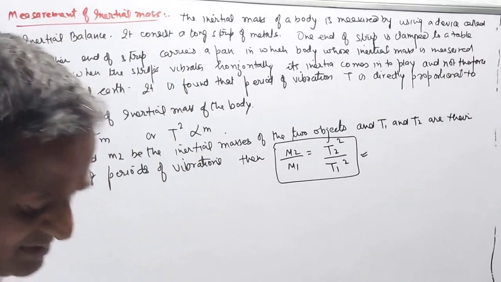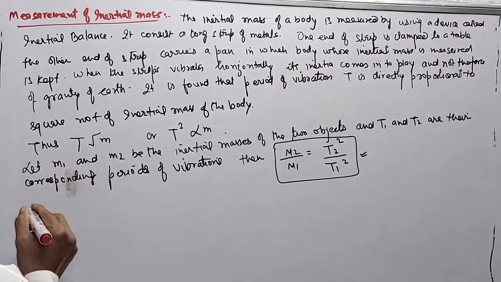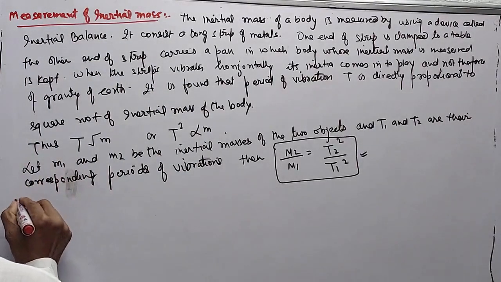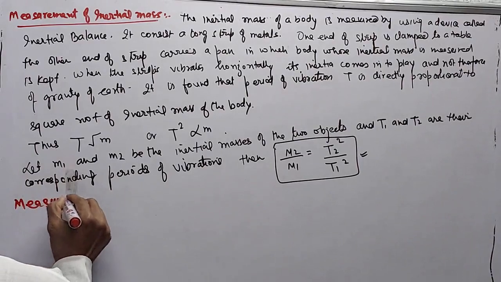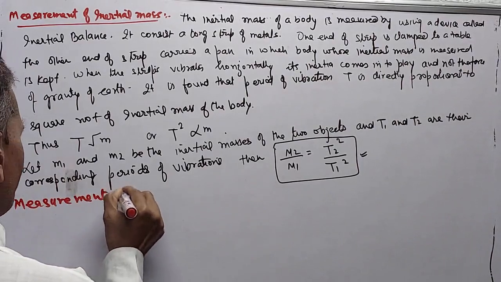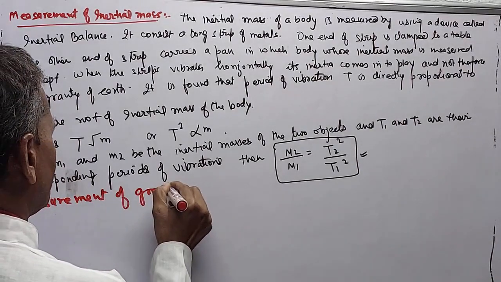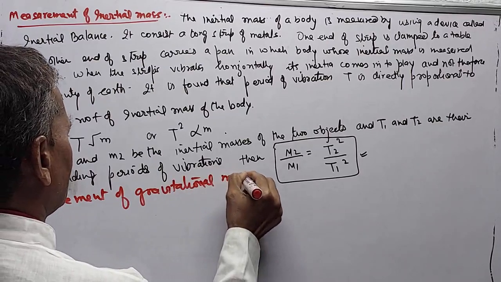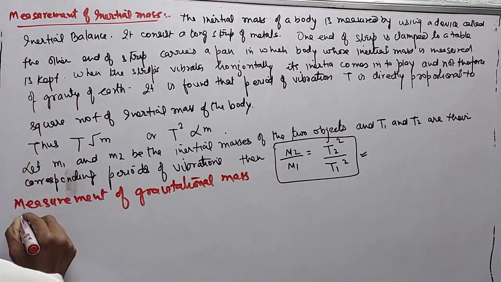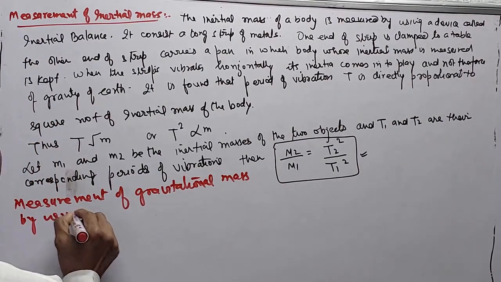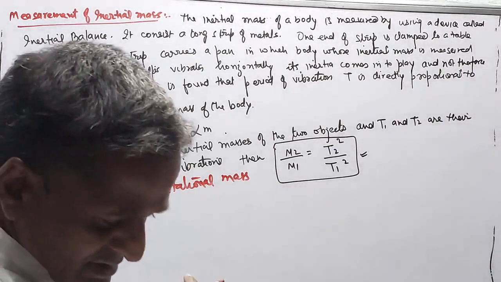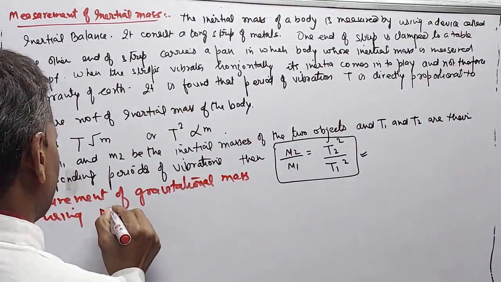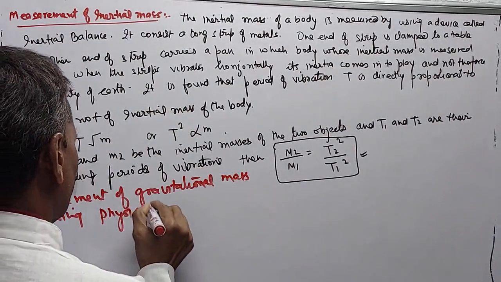Measurement of gravitational mass. Next heading is measurement of gravitational mass by using physical balance.